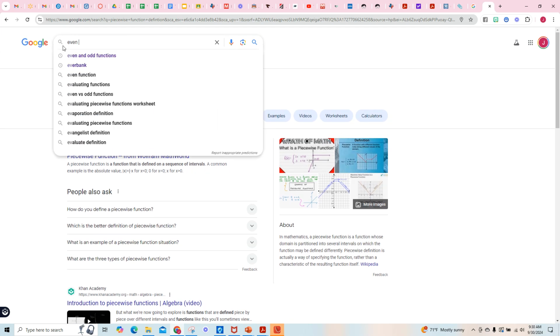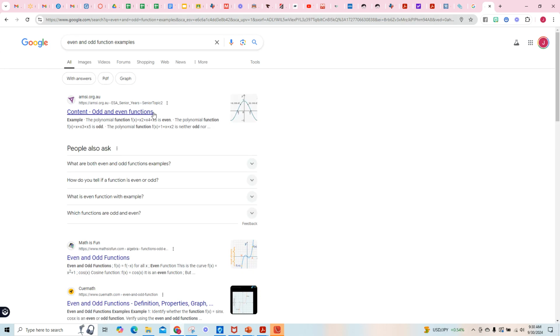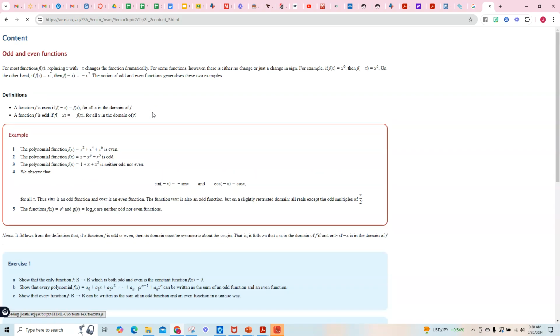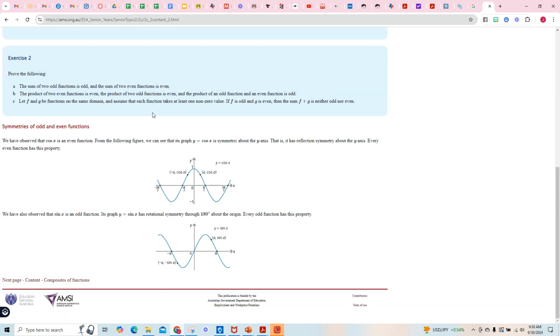To show you even and odd functions, hopefully they've got pictures. Okay, so here's an even function. It's symmetric across the y-axis. I could fold this on the y-axis and everything matches up.